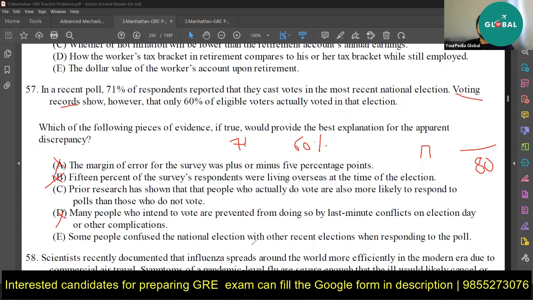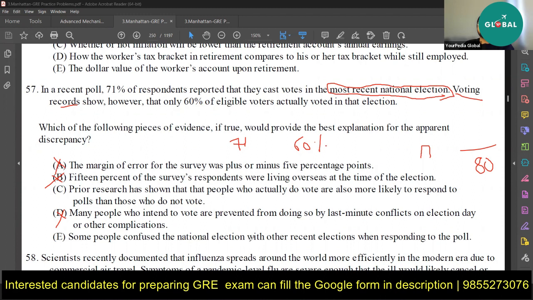Some people confuse the national election with other recent election when responding to the poll. Okay, so he's clearly mentioning here, in a recent poll for the most recent national election. Whenever he gives you a piece of information in the paragraph, you can't say this is wrong.